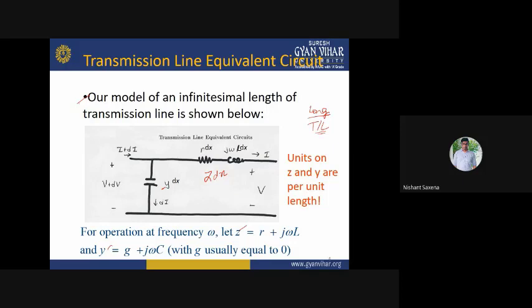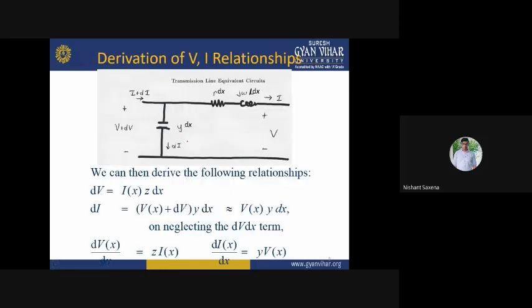Let's consider this. The derivative of V and I relationship has been shown to you. We have taken one small section with a small voltage dV, which is equal to I(x) into z dx.